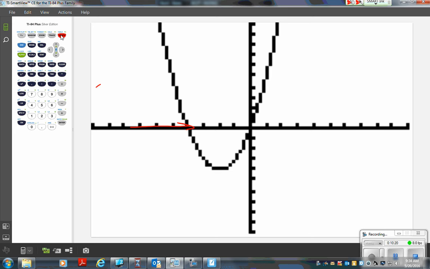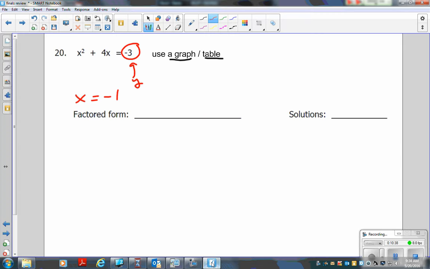Wherever y is -3, it's right here at -1. And it looks like right here, right after -3. So I would say x equals -1, and x equals -3.2. Kind of approximated right there.